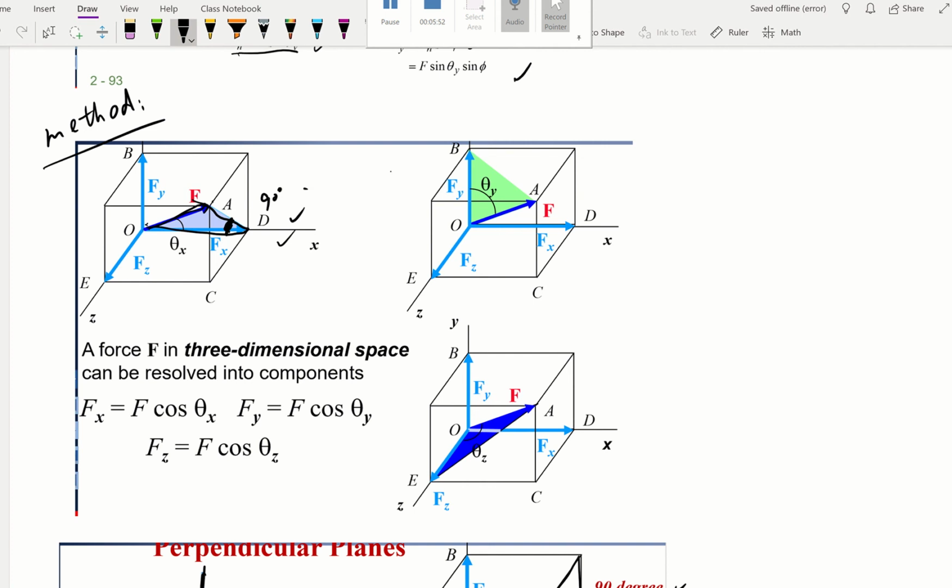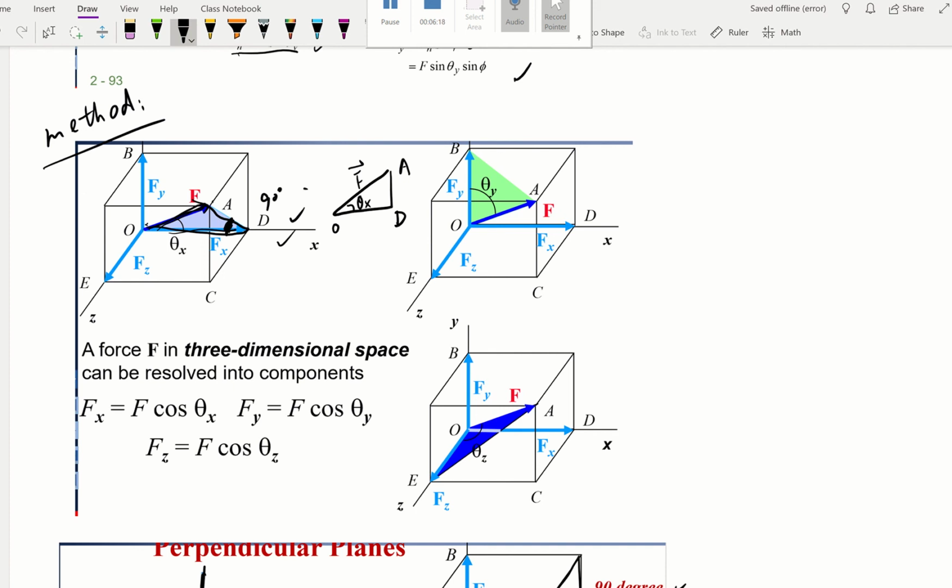So if I were trying to draw this, and we said D is going to be the right angle, if O is here and A is here, OA here is our force, and there's an angle theta x. Angle theta x is the angle between the force F and the x-axis. So that's our theta x.